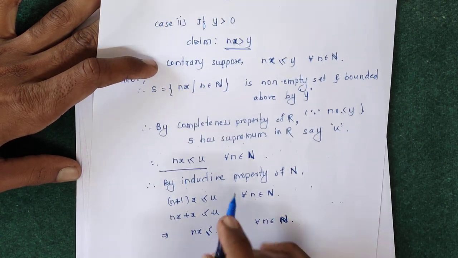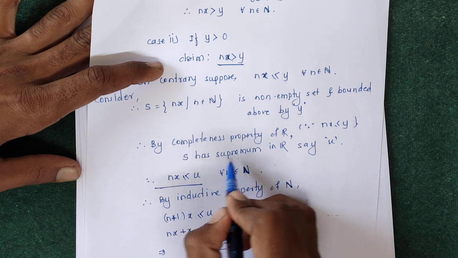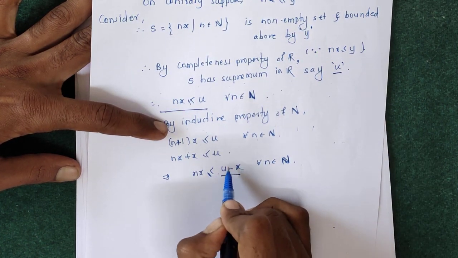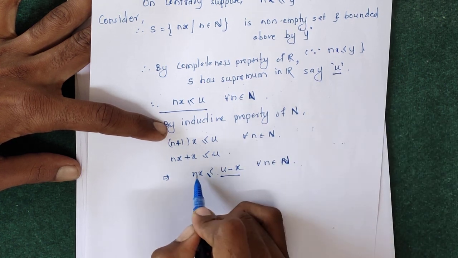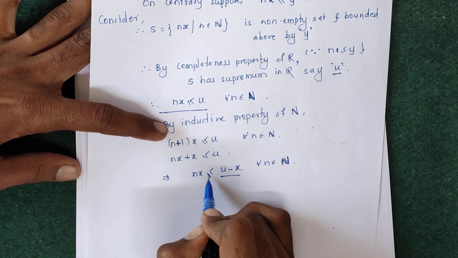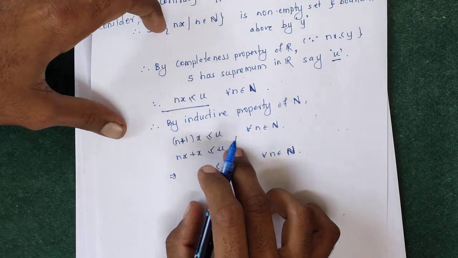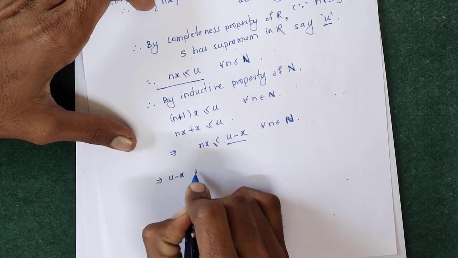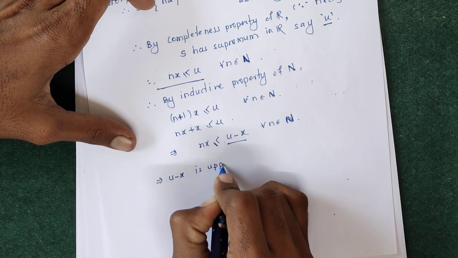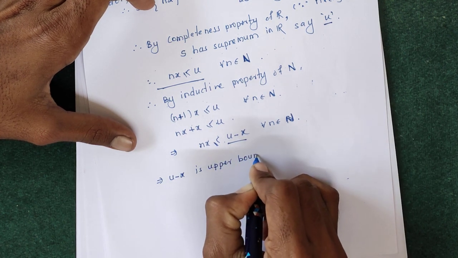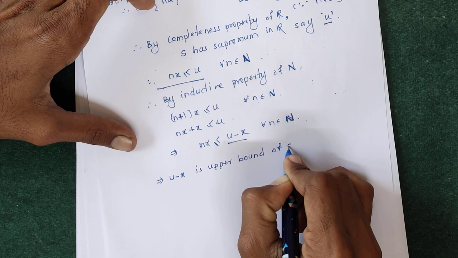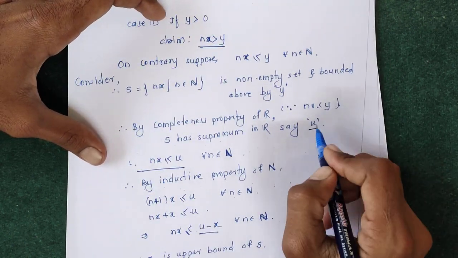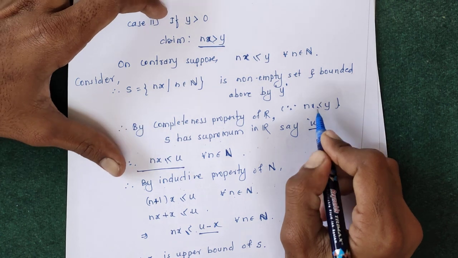This implies U minus x is an upper bound of S. But this is not possible because U is the least upper bound, the smallest among all upper bounds.